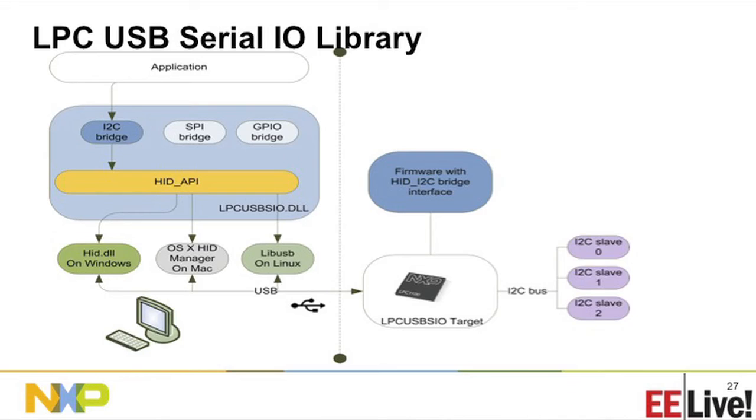The USB SIO library will automatically translate your I2C request to a USB HID request and send it to the device. This is like our 11U6 here. On the device, it will receive the request through the HID USB bus and translate the HID command back to the I2C command to forward to the devices connected on the I2C bus.